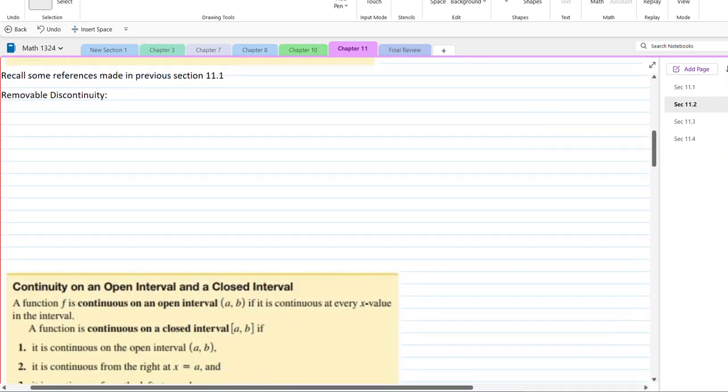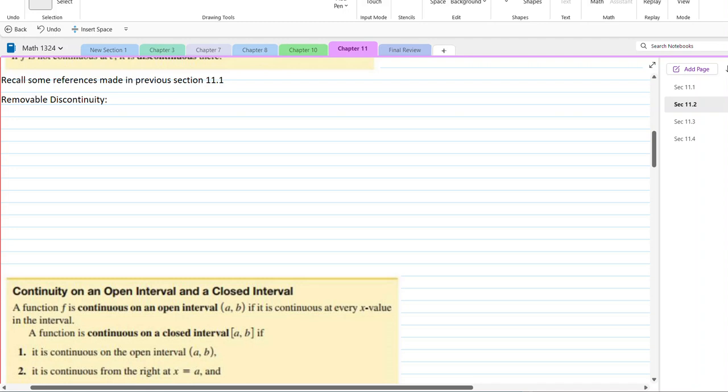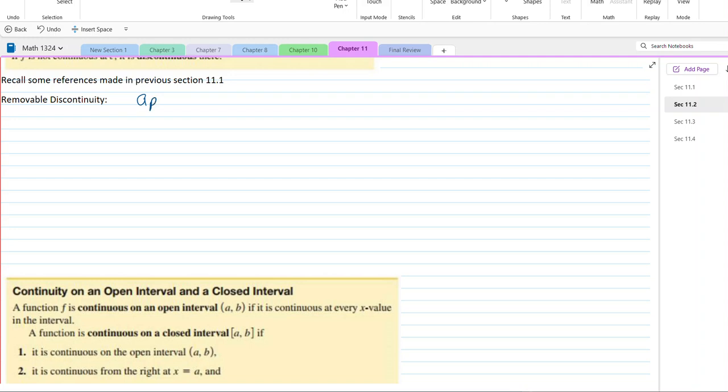Right, so let's do some discontinuity references. And this applies to rational functions. And in this book, they refer to it as P of x over Q of x.